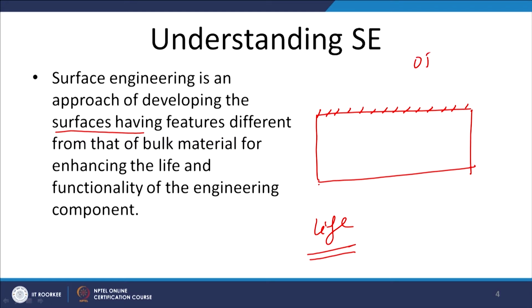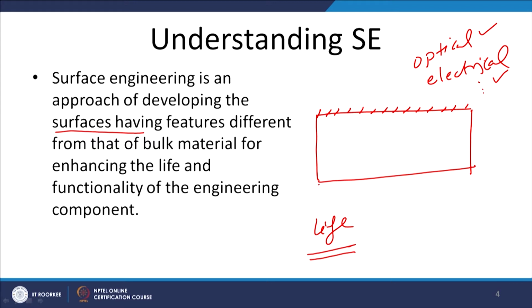Like optical properties, electrical properties. Coatings are examples of this kind of surface engineering, where materials at the surface are applied in such a way that they perform much better with regard to a particular desired property, like optical properties or electrical conductivity or electrical resistivity; it is done both ways.